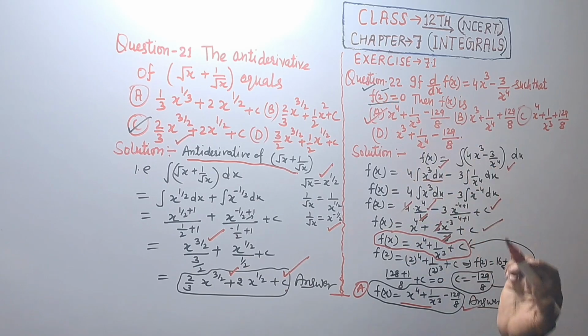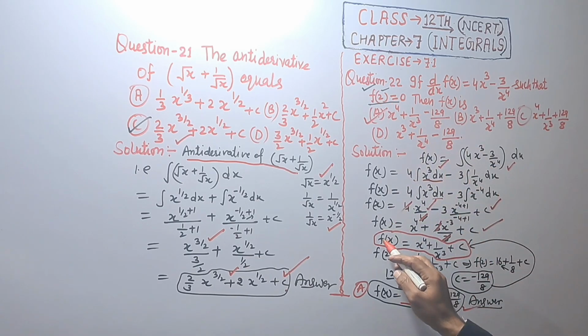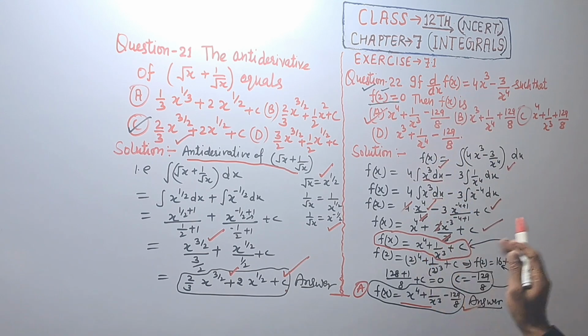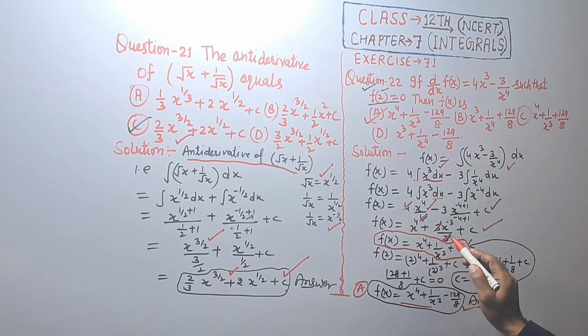And we have given f of 2 equal to 0. So we put the value of f(x) into f of 2 is equal to 2 raised to power 4 plus 1 upon 2 raised to power 3 plus c, and we put f of 2 equal to 0. 2 to the 4 is 16 plus 1 upon 2 cubed, which is 8, and 8 multiplied by 16 is 128, plus 1 upon 8 plus c equal to 0.